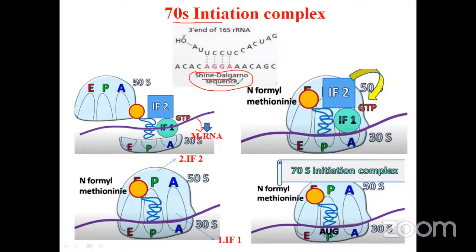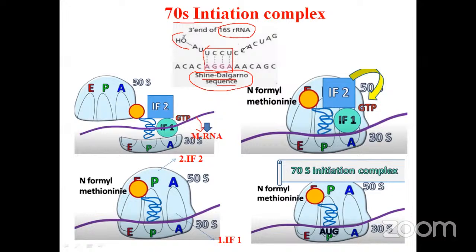The Shine-Dalgarno sequence is present in the mRNA strand, and the complementary sequence is present in the 16S rRNA of the 30S ribosome, near its 3' hydroxy end. Here the sequence is AGG. This is the specialized Shine-Dalgarno sequence. Where this specialized sequence is, exactly there the mRNA strand binds the 30S subunit.